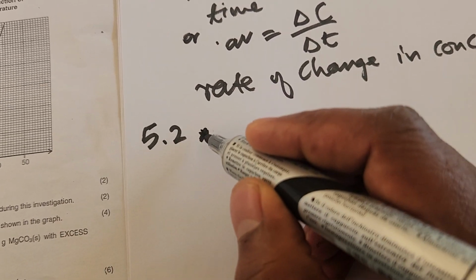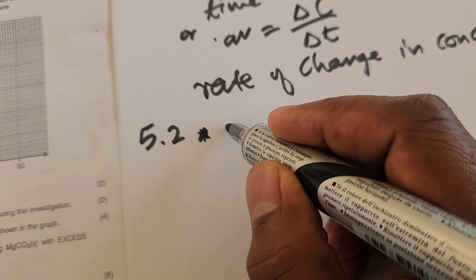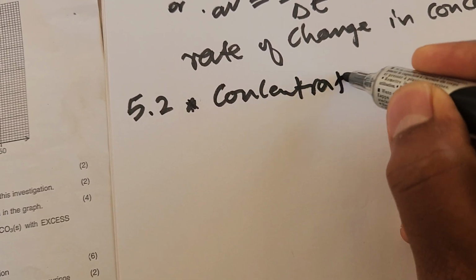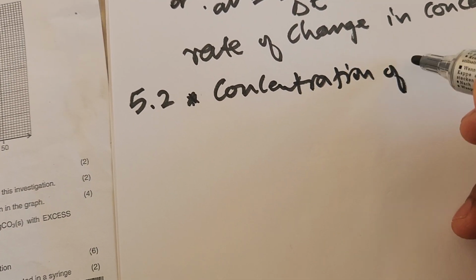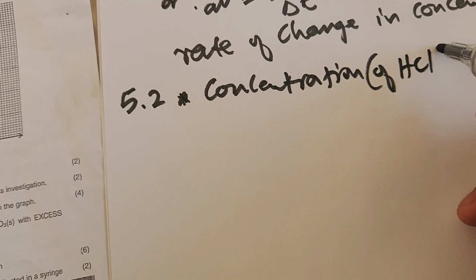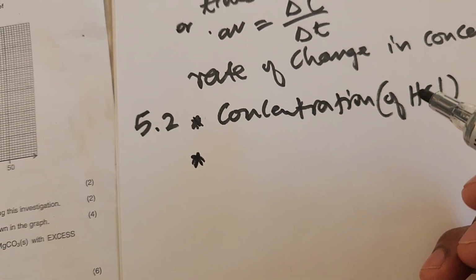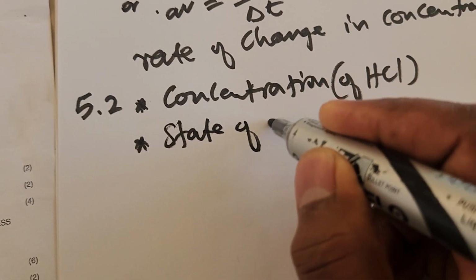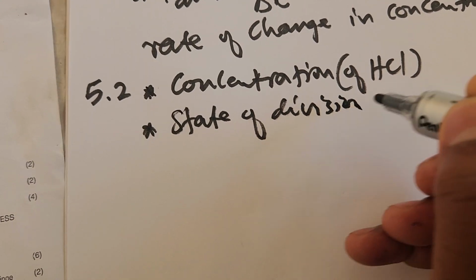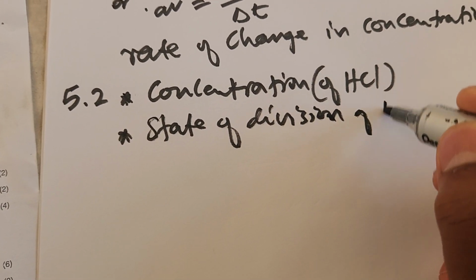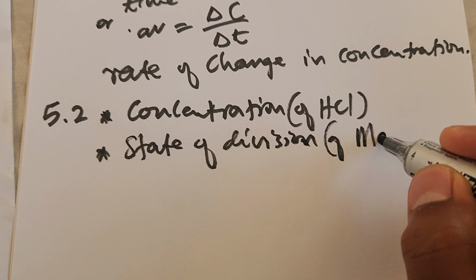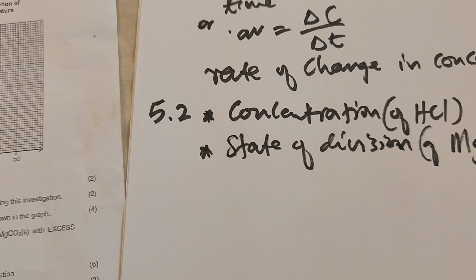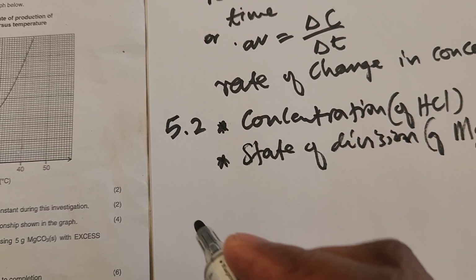One of them will be the concentration of HCl, if you want to be explicit, and then the other one will be the state of division of magnesium carbonate. I think those are the 2 most important ones.